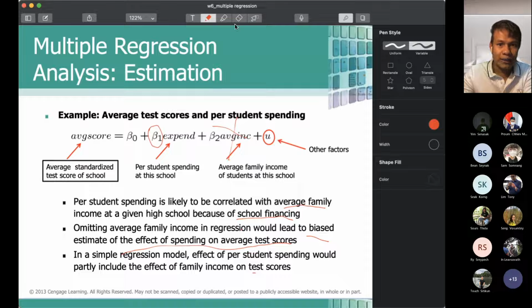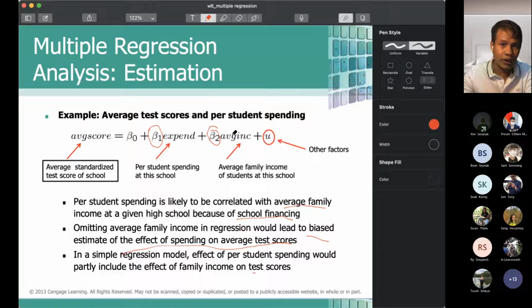For this multiple linear regression, if you include average family income, they have their own effects, right? So when you interpret this, you can say holding family income fixed, or by controlling for family income, the effect of per student spending on average score is this delta 1.